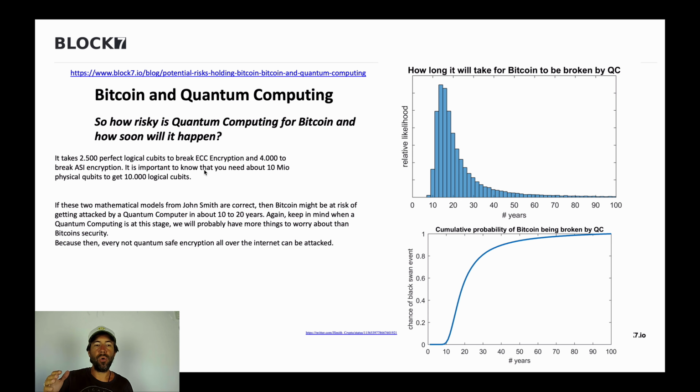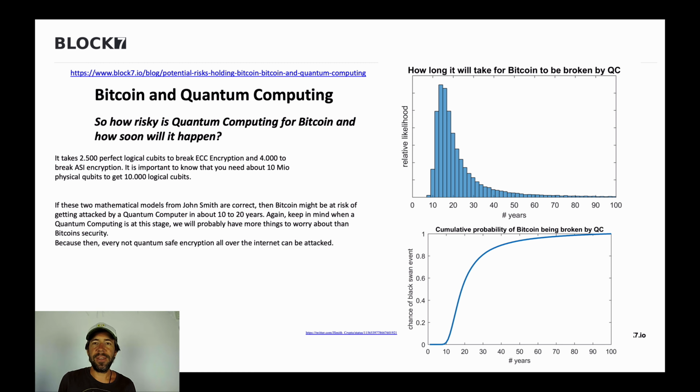It's important to know that you need about 10 million physical qubits to get 10,000 logical qubits. So this is very important. It's not sufficient for the quantum computer designers just to have these qubits. There's so much noise, there are so many errors in these qubits, and the more qubits connect to each other, the more noise there is, and it's very hard to get clean information out of that.